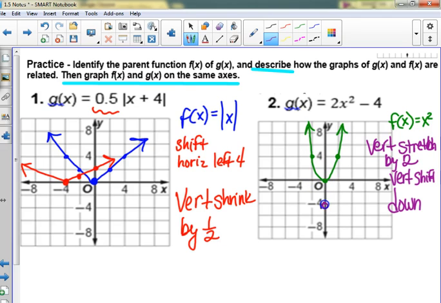So we're going to shift it down 4 to here. And then when it went over 2, instead of going up 2 boxes, it's going to go up 4 boxes. It's stretching twice as fast. We'll have some better examples of vertical versus horizontal changes eventually.